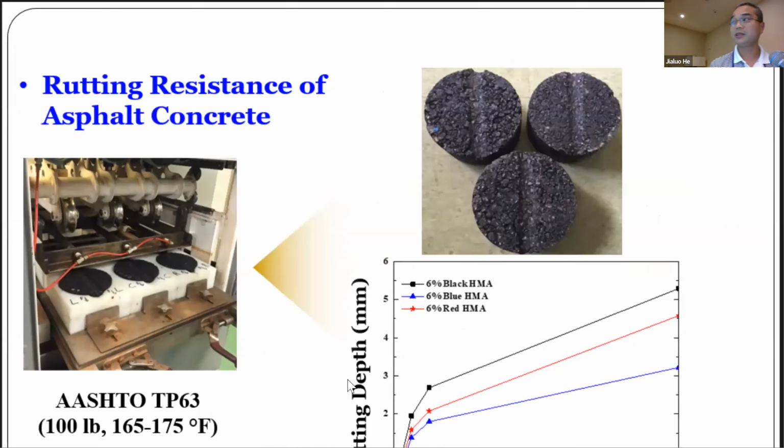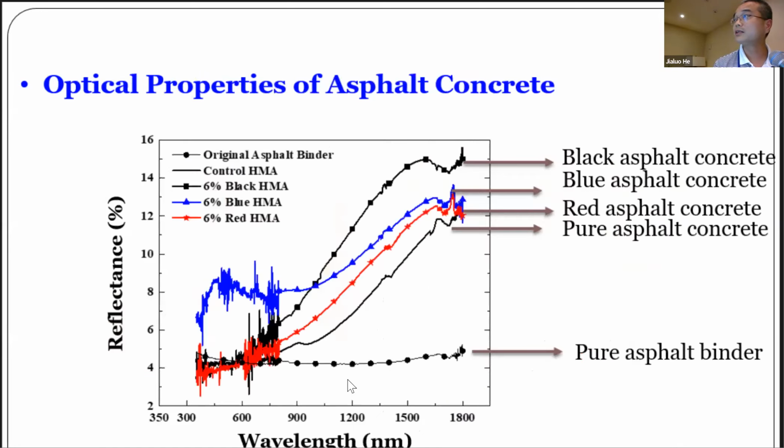We did a range of testing from the binder aspect and from the hot mix asphalt concrete aspect. These are some examples of the testing process. For the asphalt concrete itself, compared with the baseline, pure asphalt concrete made with regular asphalt binder, asphalt concrete made with solar adaptive asphalt shows a big difference in solar reflectance.